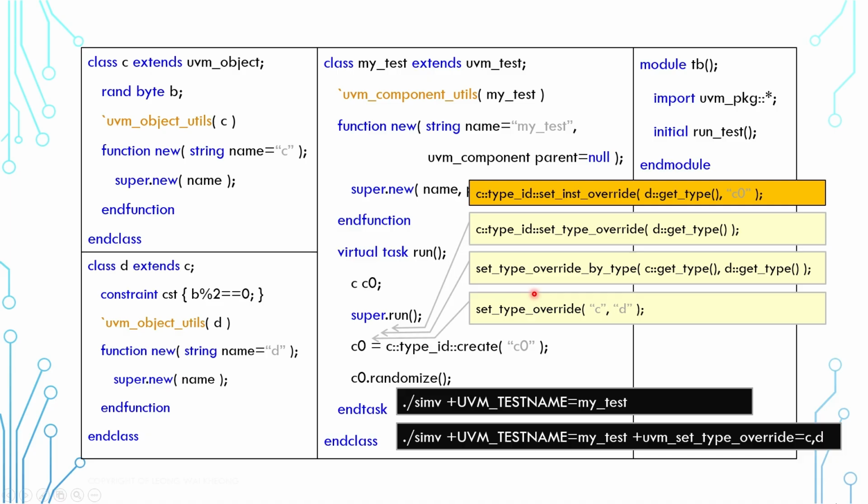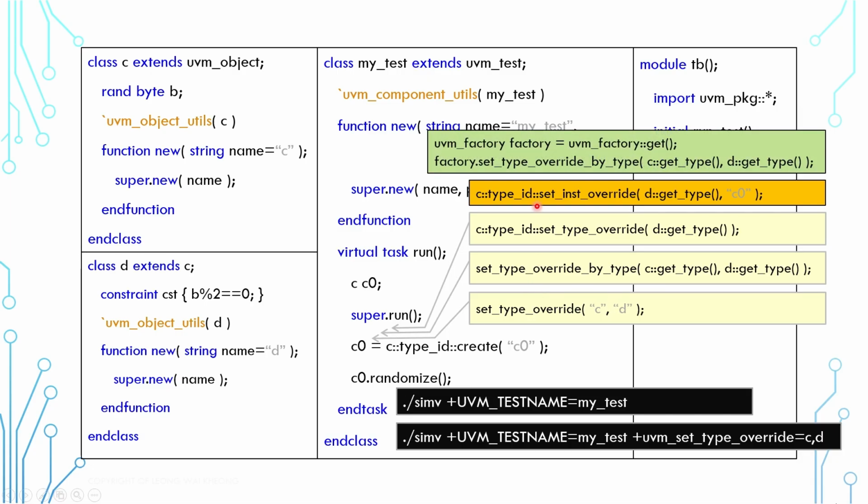First, understand that UVM Factory is a singleton class, which means in the whole simulation with UVM, there can only be one UVM Factory instance. So we need to get the handle to that factory by using a static function get. Once we get that factory handle, we can use its functions, for example, set_type_override_by_type. Calling this factory function is the same as calling this function.